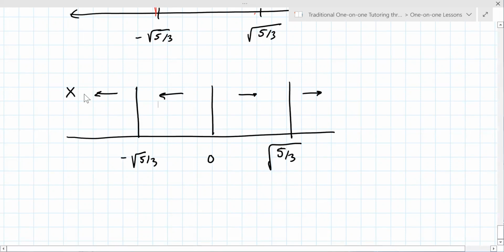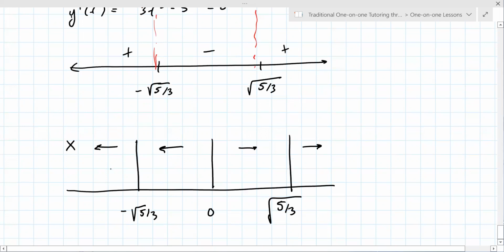Okay, so y is positive here, down, down, and then back up. So y going up is when it's positive, and x going to the right is when it's positive. Now we're just meshing these together. Up and to the right is the interval on the right, from square root of 5/3 to infinity.